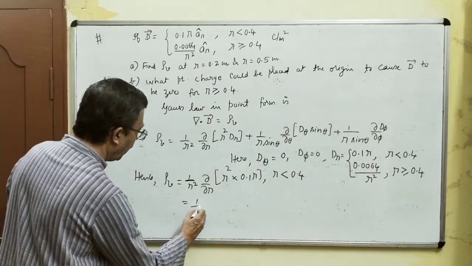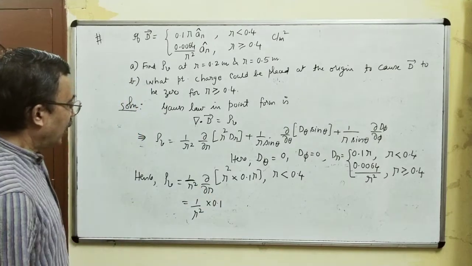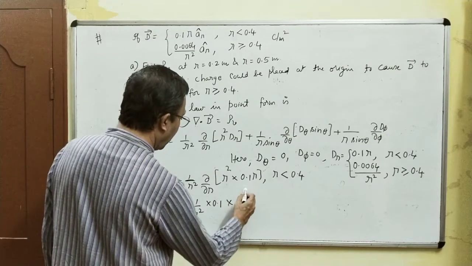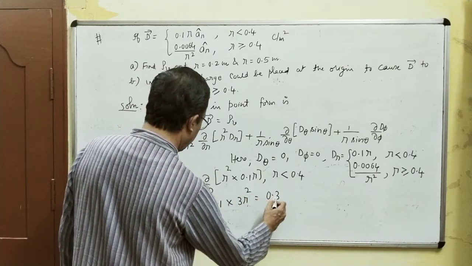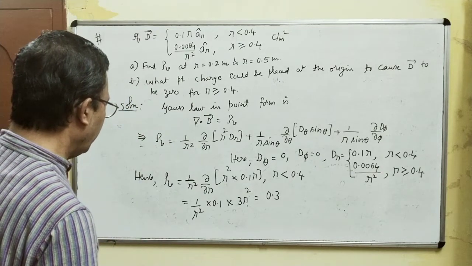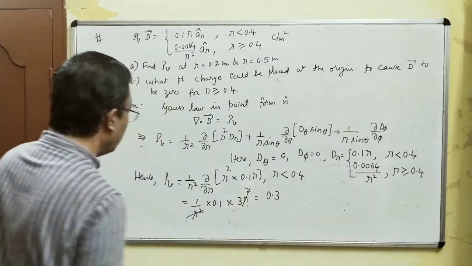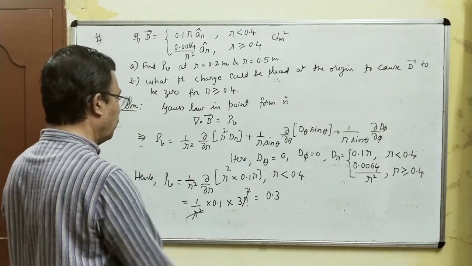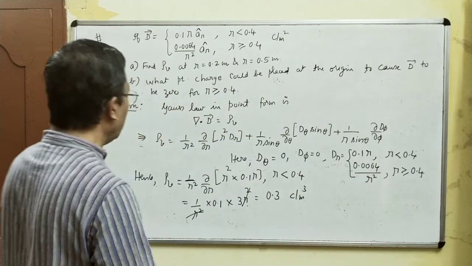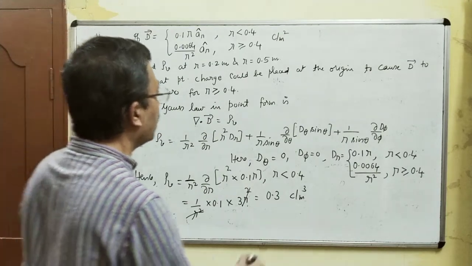So you get 1 by r square into 0.1 r cube. If you differentiate r cube, you get 3r square. R square cancels. 0.1 into 3 is 0.3. So 0.3 coulombs per meter cube. This is the value of rho v when r is less than 0.4.